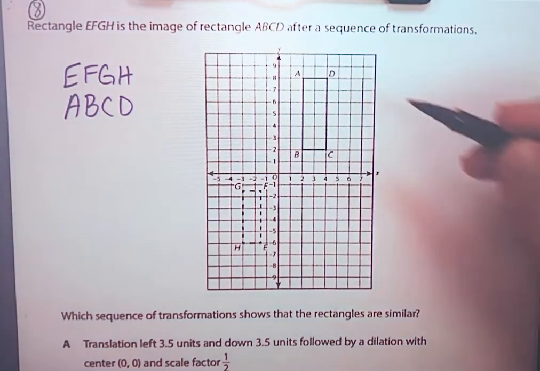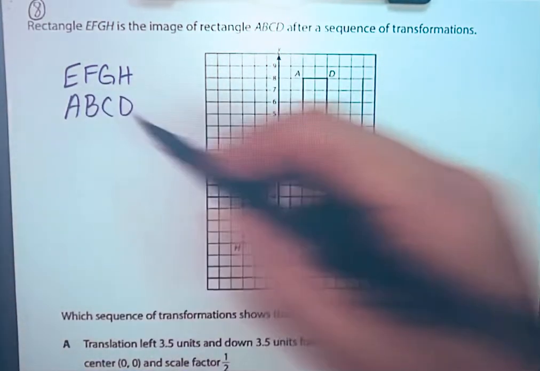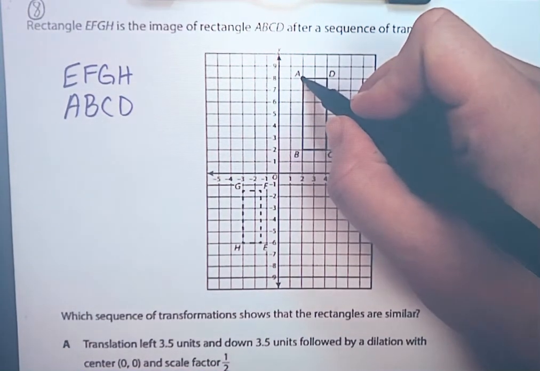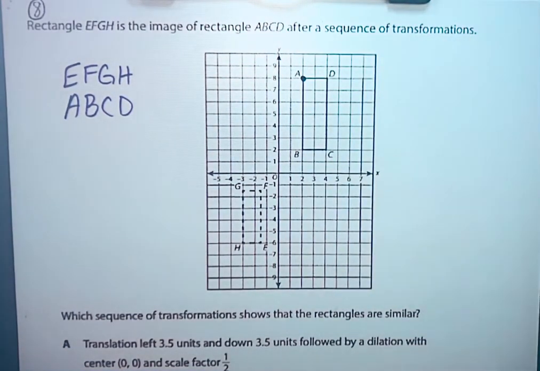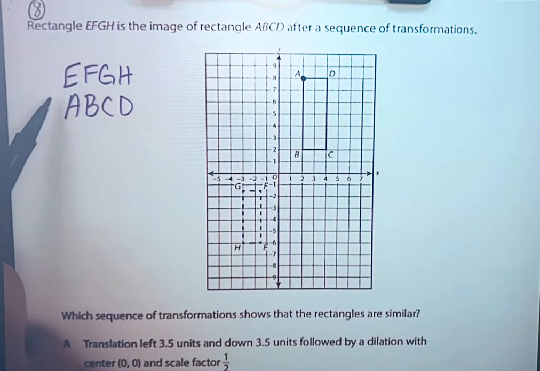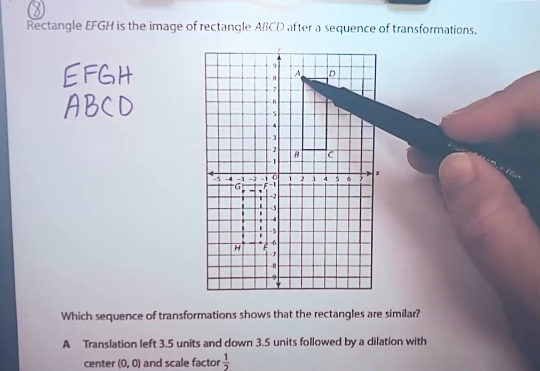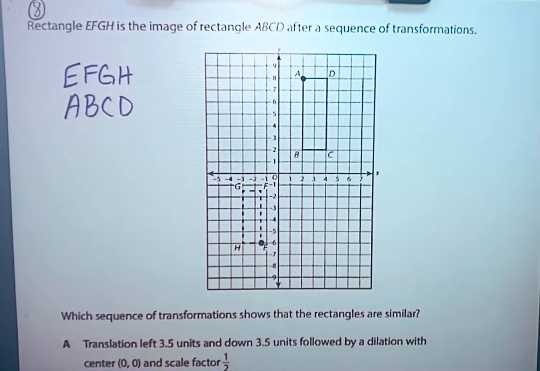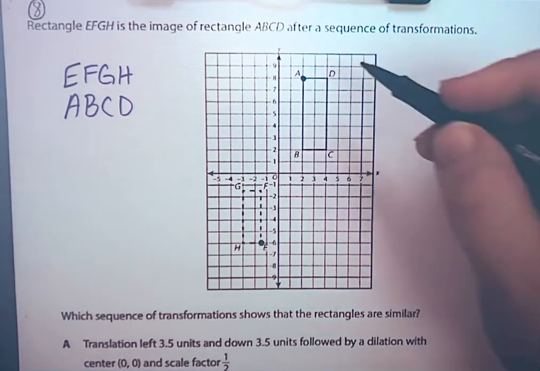So, just looking at what we're given, before we even look at the answer choices, I see A is here, and A and E should match. They're the same coordinate. So if A is going to come down here for E, the only way to get there is a rotation. Same with D.